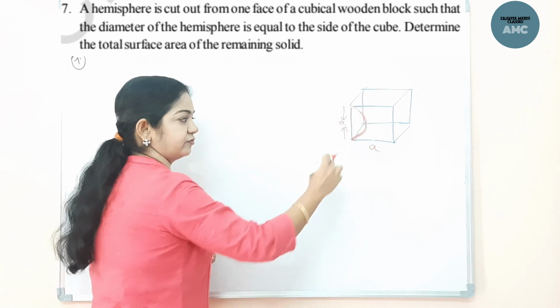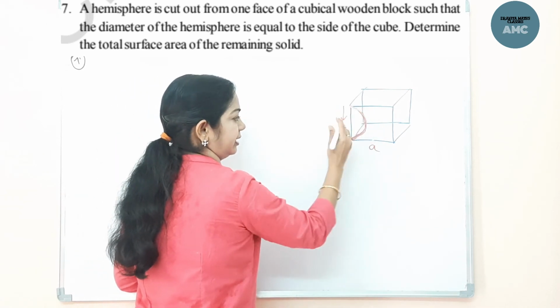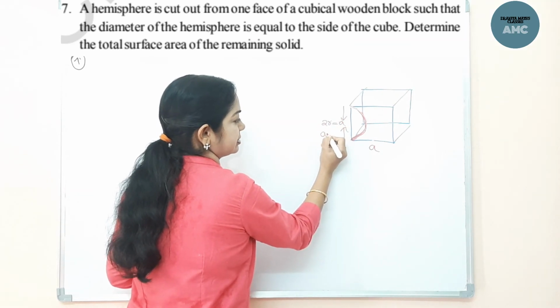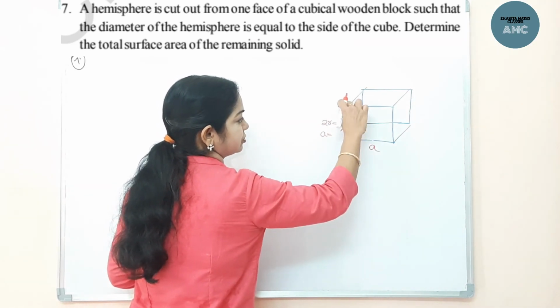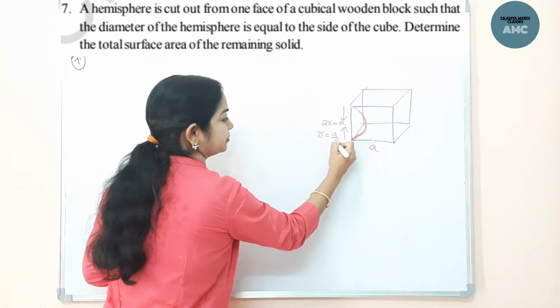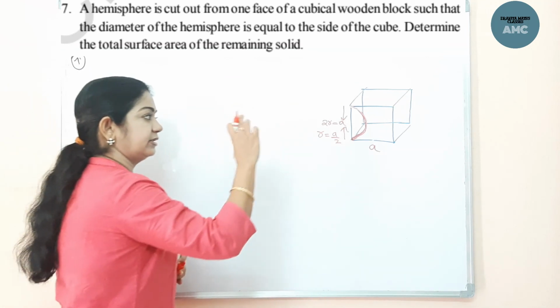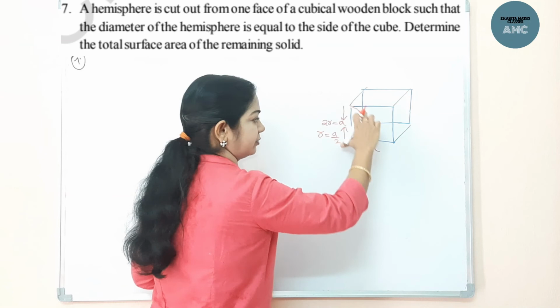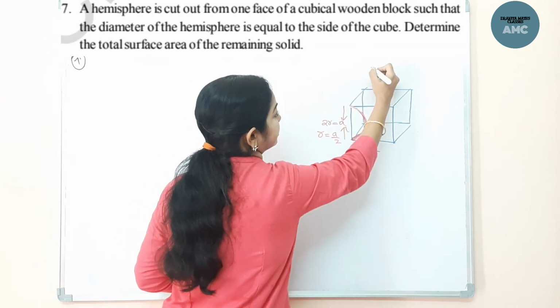In case of a hemisphere, this a is nothing but 2r, isn't it? Now a is equal to 2r, 2 into r. Now we can write it as r is equal to a by 2, because given that the side of the cube is equal to the diameter, from that only it is cut from the cube. Here, this is the cube.